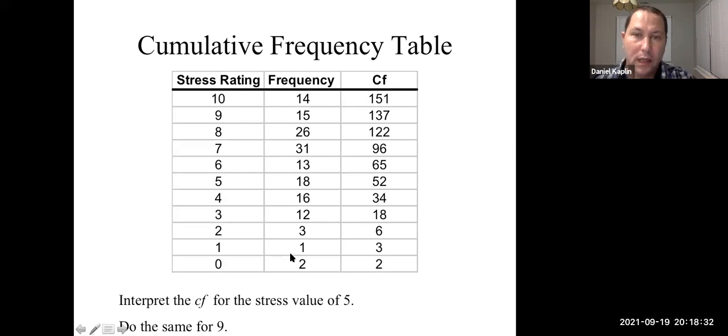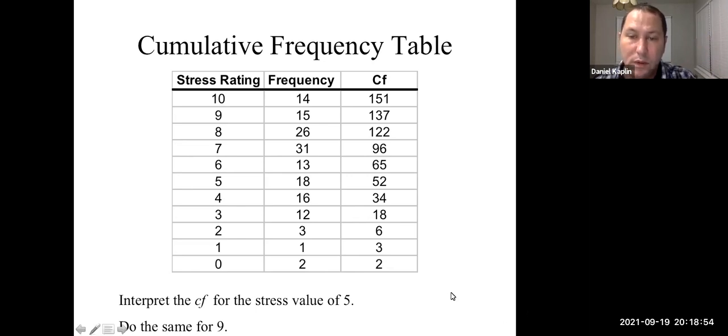So this one, where you see my cursor moving, is where we would start. The frequency, now obviously, we start with 0. 0 plus 2 gives us 2. So at the bottom of the distribution, you're going to have 2.